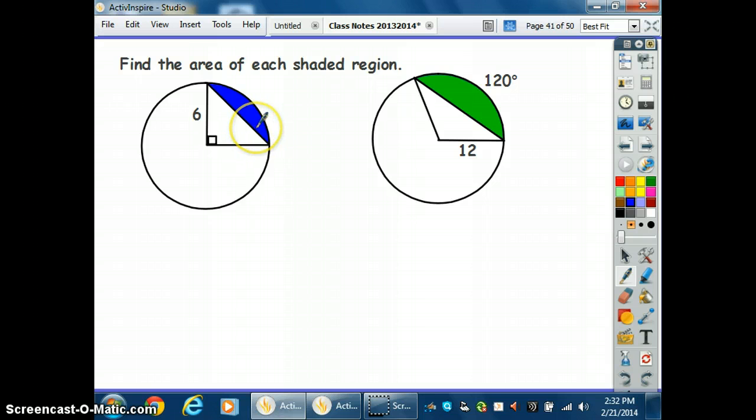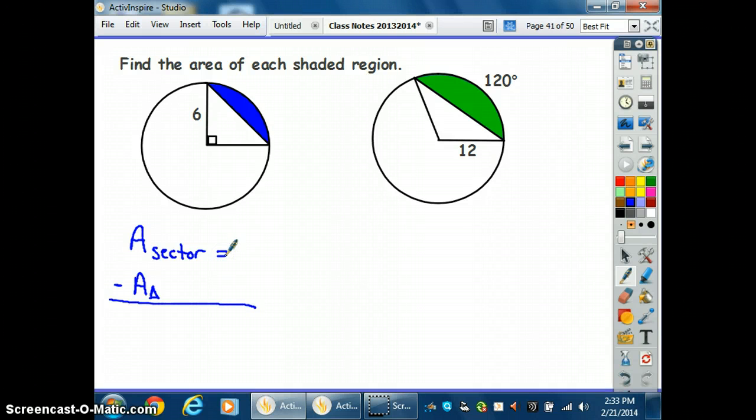Okay, so let's take the area of the sector and let's take the area of the triangle and subtract it. So this section up here minus the triangle will give us the blue.